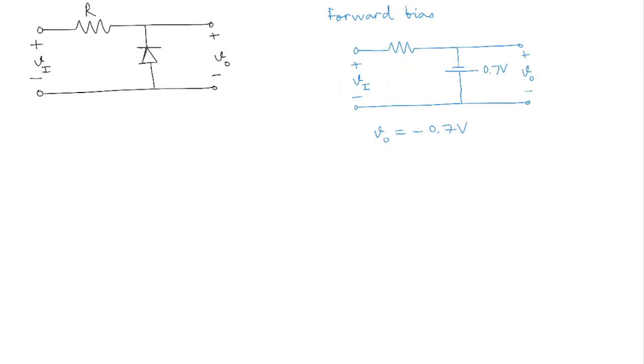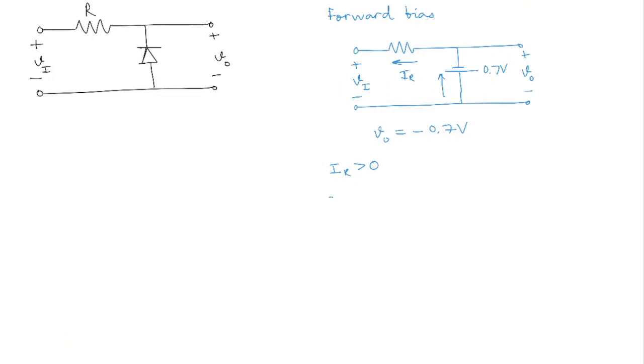And you may ask, what is the condition for forward bias? In this case, this is a forward bias diode, so the current should flow in this direction, and therefore through the resistance in this direction. Let's call that IR. The condition for forward bias is that IR is greater than 0. How would you write the equation for IR?